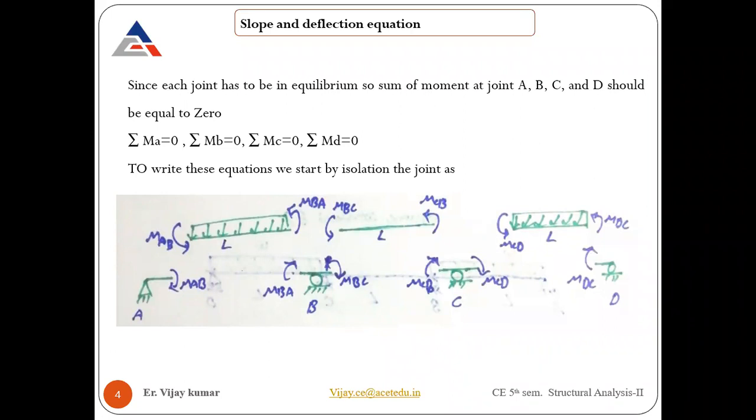So you can say one assumption we have to keep in mind is that no effect is considered for axial and shear deformation or shear force, right? Deflection and slope take place only due to bending. So this is the case of pure bending. Otherwise, we are not considering anything else. The predominant cause of slope and deflection is only bending.